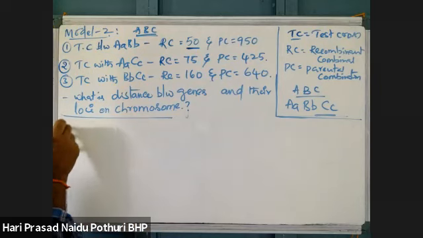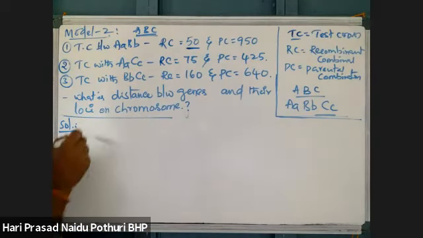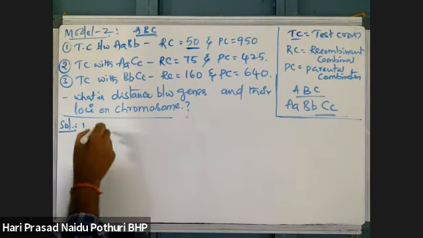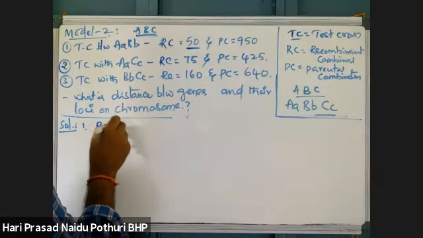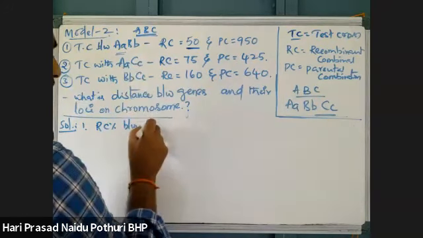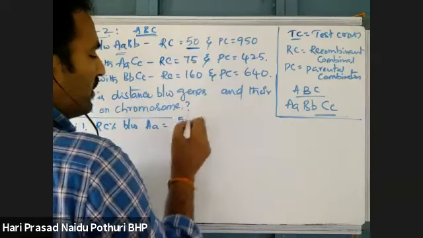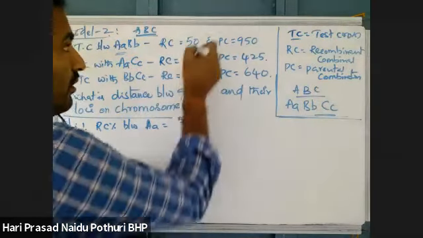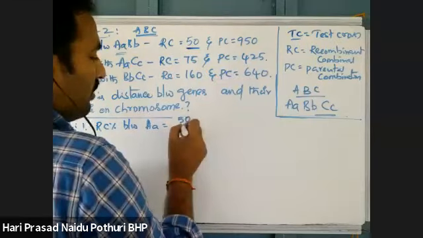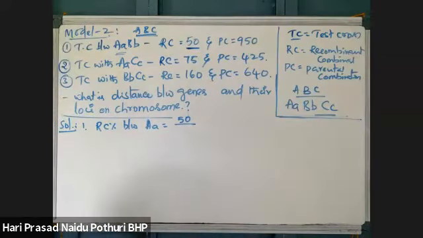See here, if you see the solution, first test cross. Percentage of recombination between capital A, small a. Recombinants are 50. How many total offspring are there?